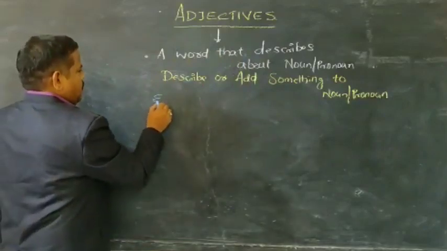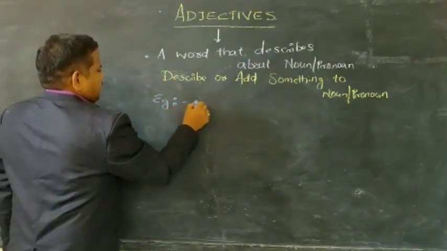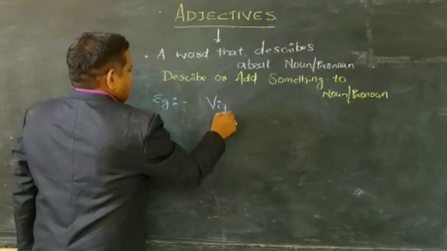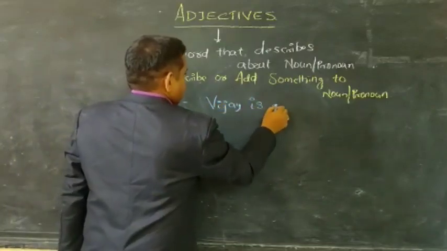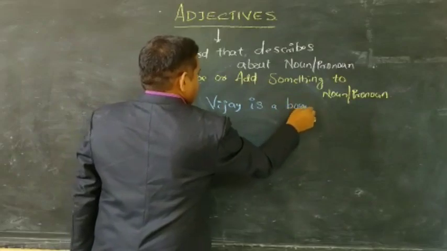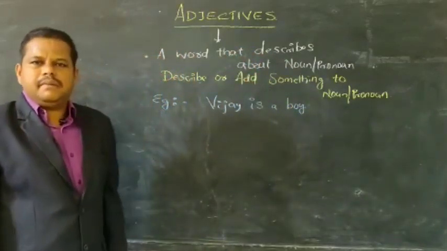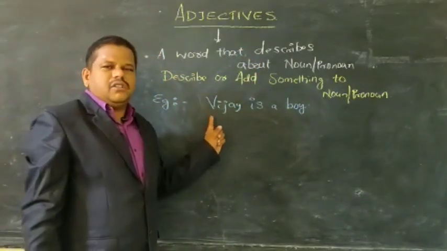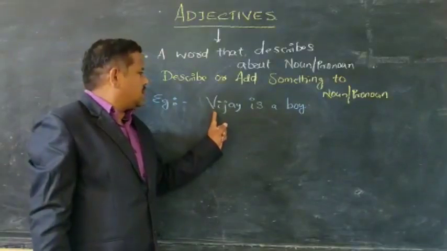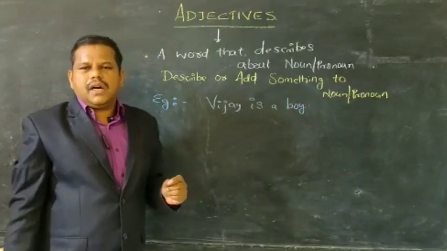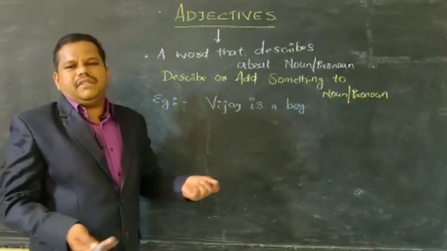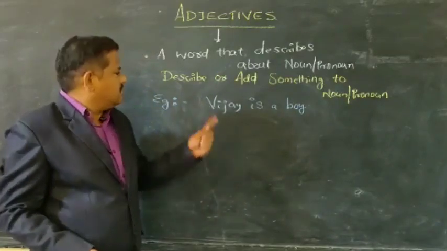See this example, all of you. This is a small sentence I am writing here: Vijay is a boy. All of you know that this is masculine gender. There is no quality mentioned in the sentence.